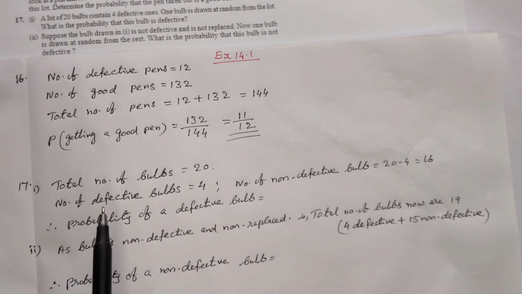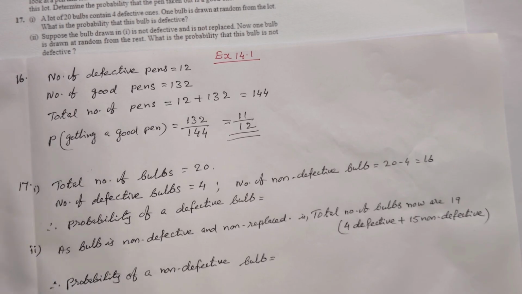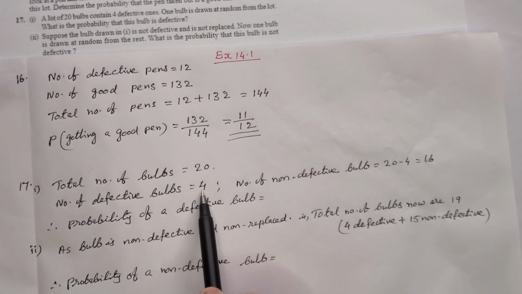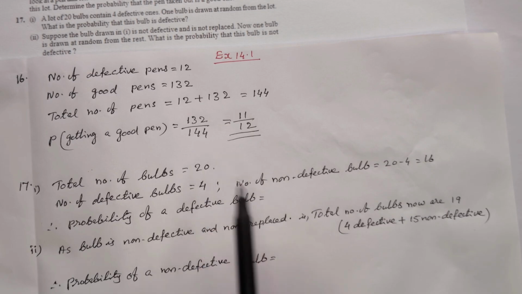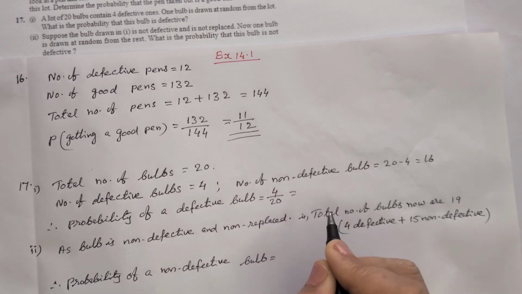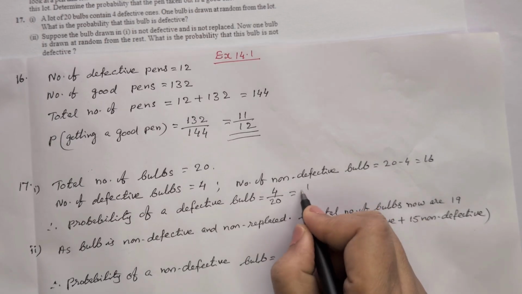Now the first part of that question: what is the probability that this bulb is defective? If one bulb is drawn at random from the lot, then what is the probability that this bulb is defective? So the probability of a defective bulb is 4 out of 20. So 4 by 20, which is equal to 1 by 5.